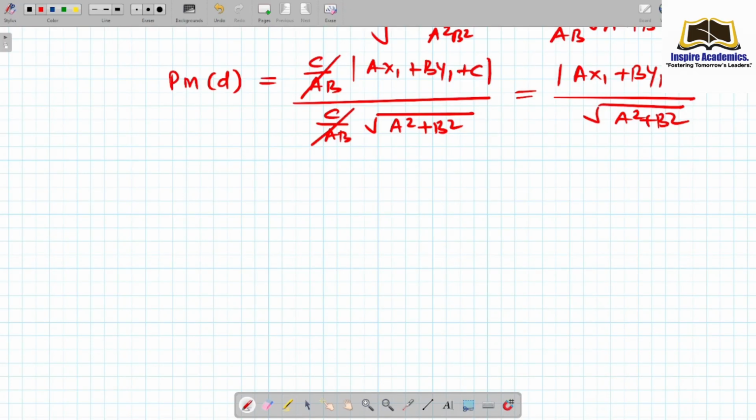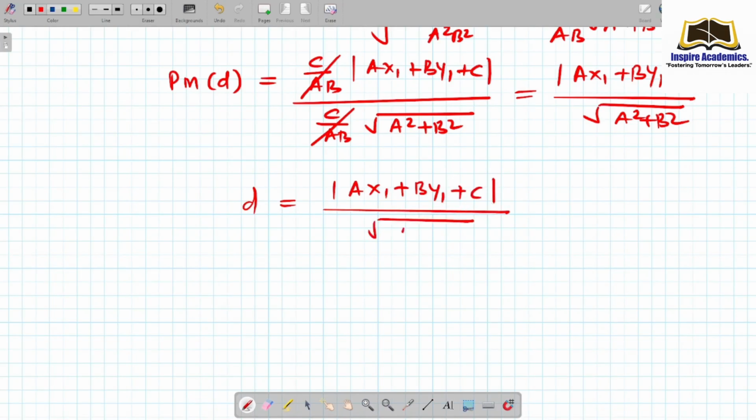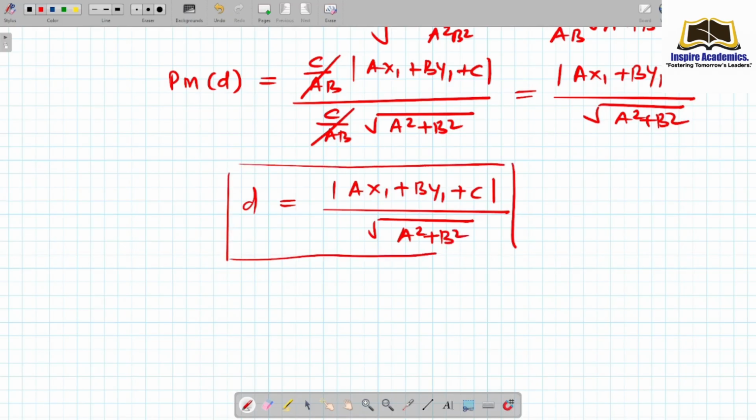Okay, so we know now this will be the distance formula. So you can remember D as simply mod of AX1 BY1 plus C upon under root A square plus B square, and then this is boxed to ensure that you do not really forget it.